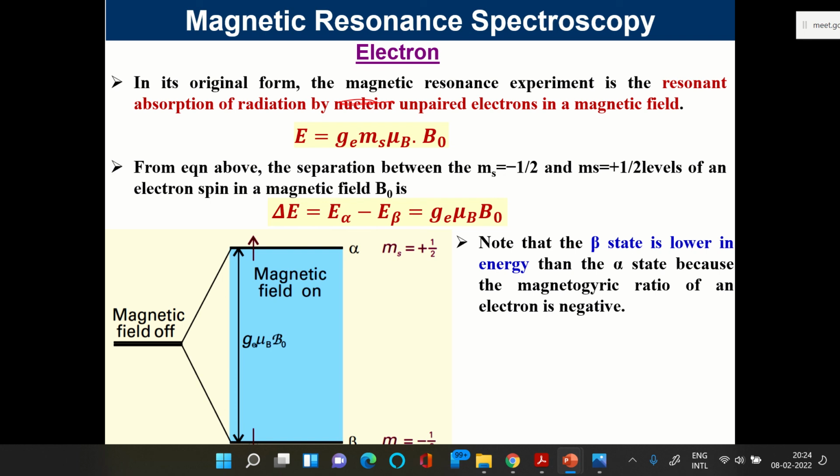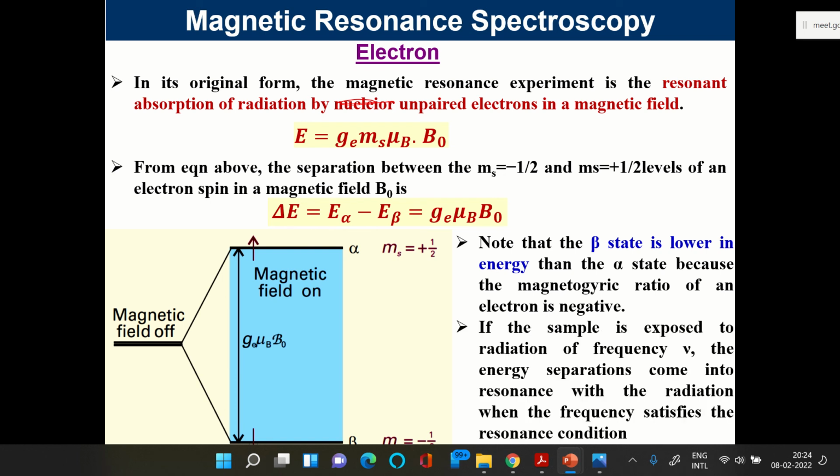Remember, when it is a proton, the gyromagnetic ratio is positive and this order will be different: beta will be higher in energy, alpha will be lower. But the fundamental thing you should note, still hold on to the fundamental point: whenever the magnetic moment aligns with the magnetic field, the energy will be lower.